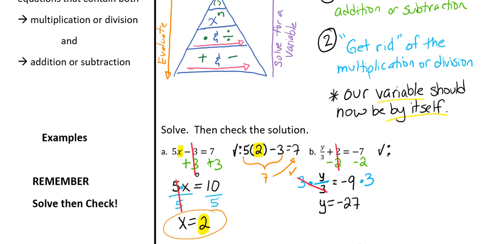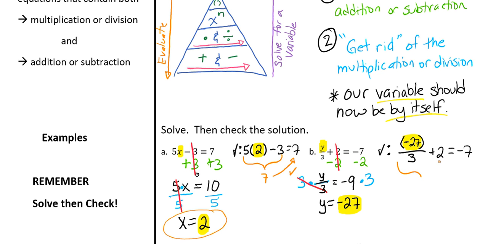And we just want to check it and make sure that we're right. So again, we're going to take our variable and replace that in our equation. So we have y divided by 3 plus 2 equals negative 7. And we're going to plug in that negative 27, and work it out.